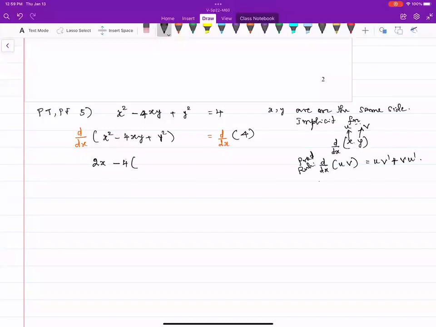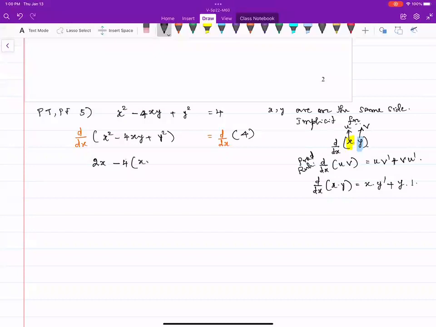So in this case, we are going to do d by dx of xy, where x is u and y is v. So it is u, which is x, times v prime, which is y prime, plus v, which is y, times u prime, the derivative of x, which is 1.